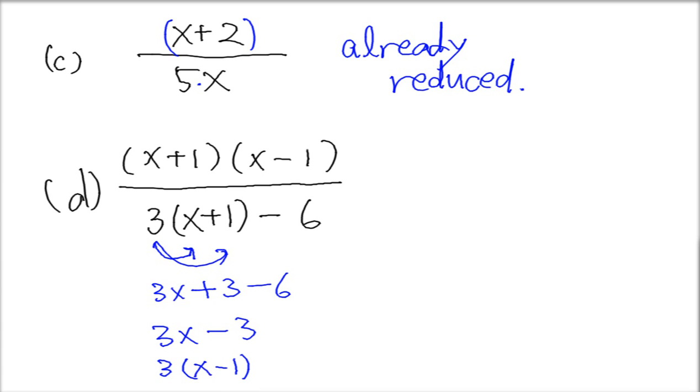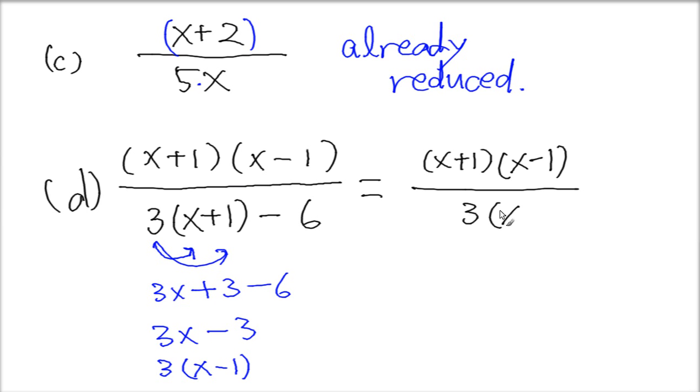So that is the factored form of the denominator. So this is the numerator, x plus 1 times x minus 1, over the denominator, 3 times x minus 1. Once you do that, you can see this factor is cancelled with this factor. So the answer is x plus 1 over 3.